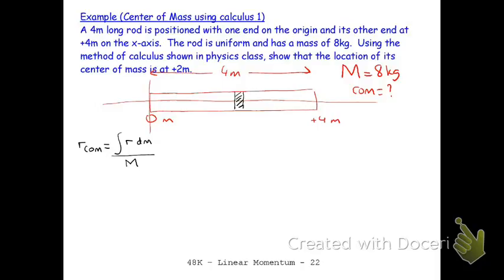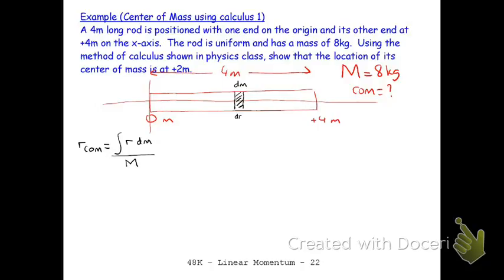And the problem is we don't know how to integrate r with respect to dm. There's my dm, and here's my dr. If I could somehow express this dm in terms of dr, I could integrate it.